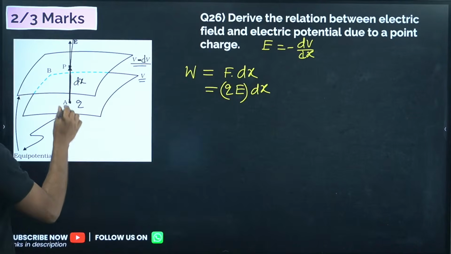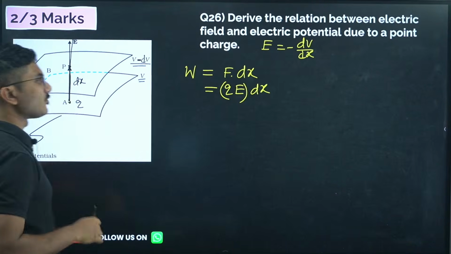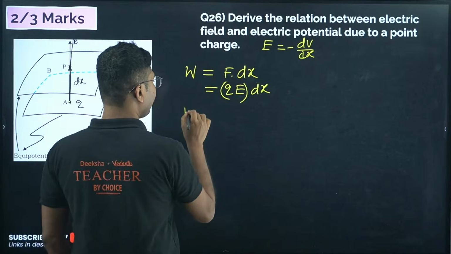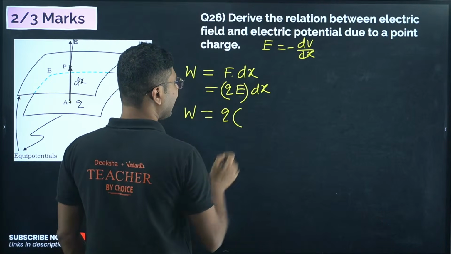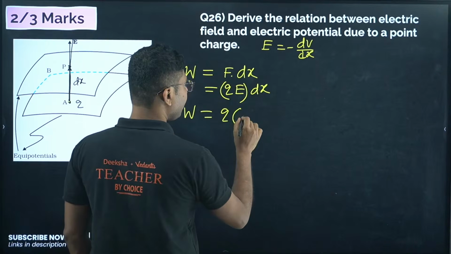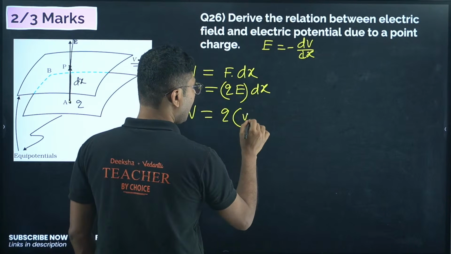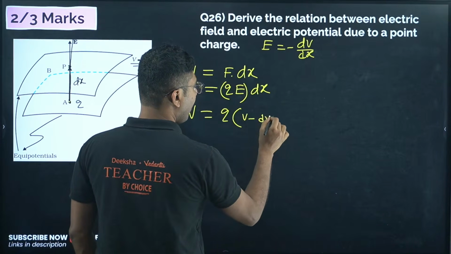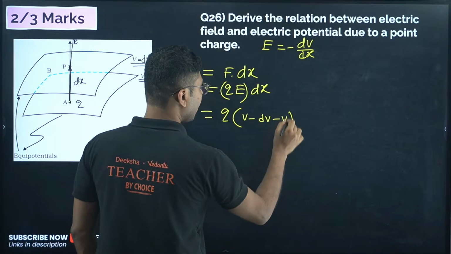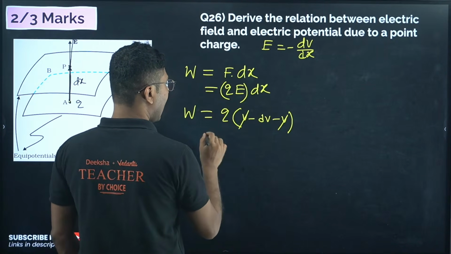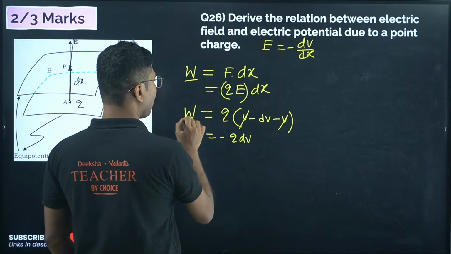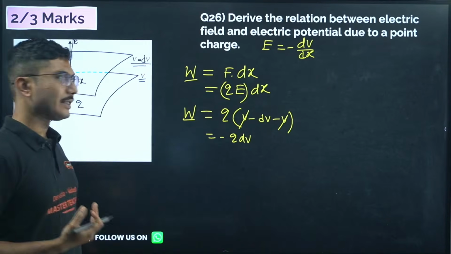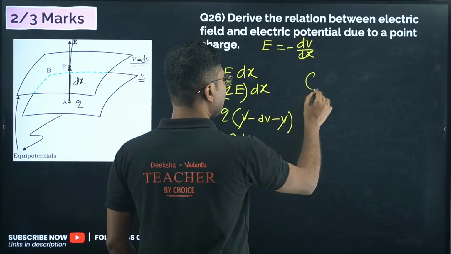Now, in terms of potential, what is the work done when the charge is moving from A to P? Work done is given by Q into the change in potential, that is, final potential minus initial potential. So V cancels and you get minus Q dV. Because both of them are work done, no matter what method you use, the work done should be equal in all methods.